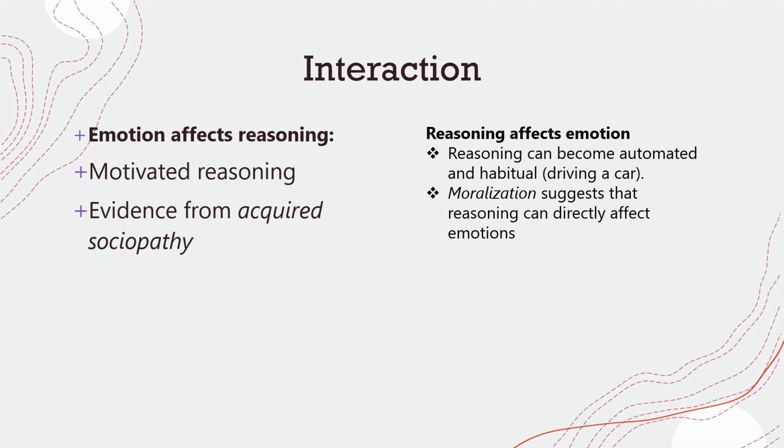And we can see this as well if we think of interaction. Is there interaction between emotion and reasoning, and between reasoning and emotion in moral thinking? So how might emotion affect reasoning? Well, we know about motivated reasoning.